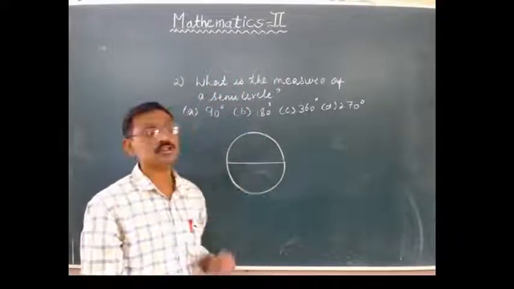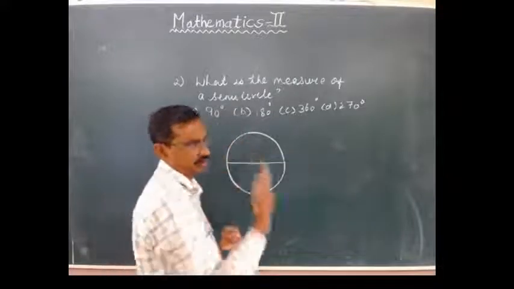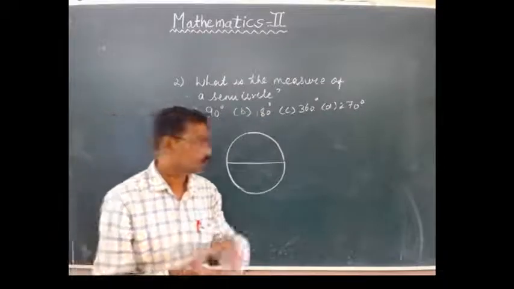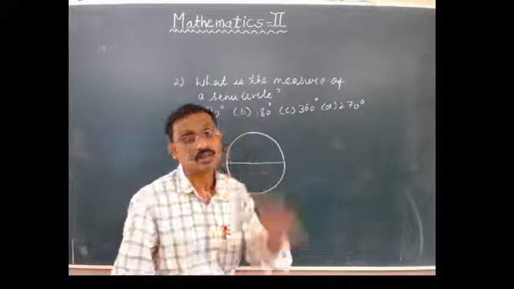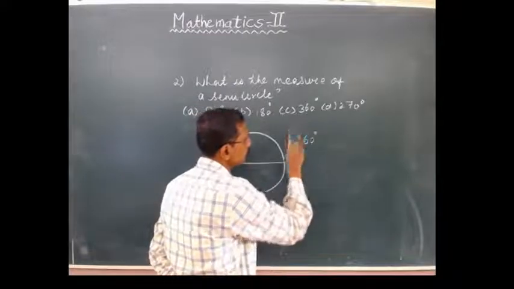To know the measure of the semicircle, we should know the measure of the circle. And what is the measure of the circle? We know that the circle measures 360 degrees.